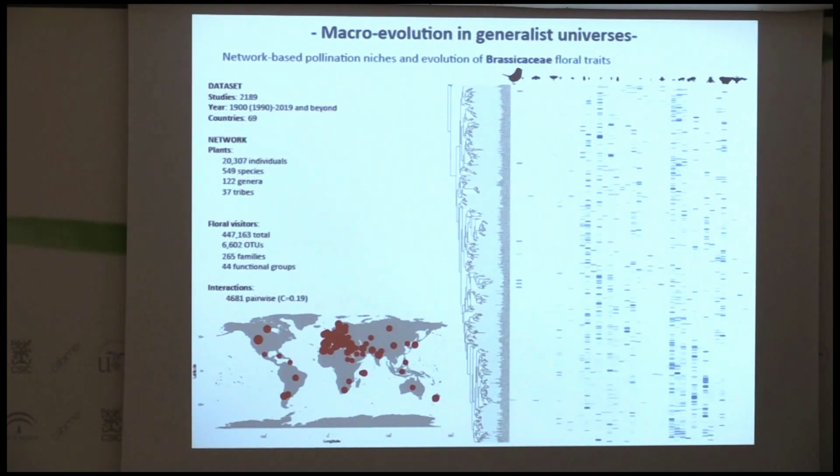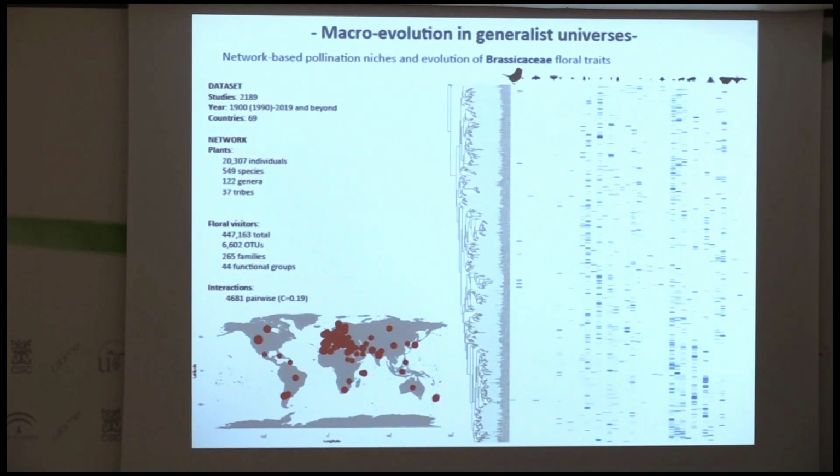I have been able to compile a data set with this number of studies from this year, I started myself at this year, of course, but from this year to this year, and these countries. You can see the extent of the data set: this number of individual plants, this number of species.